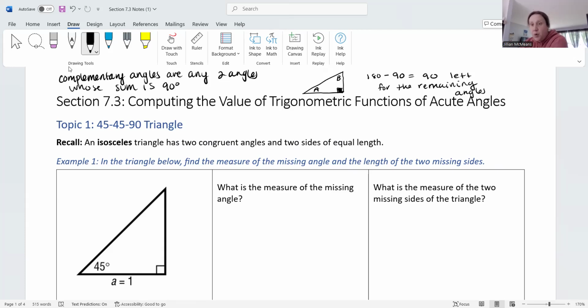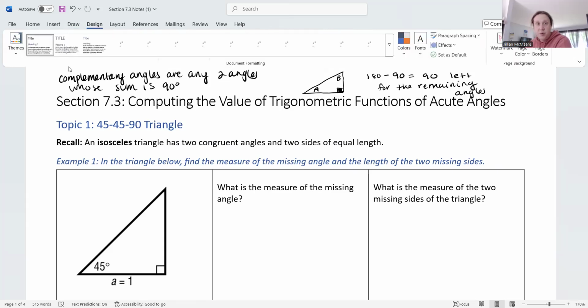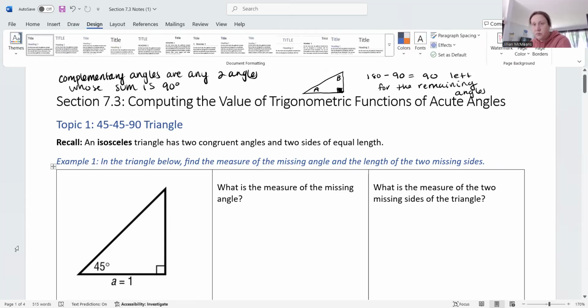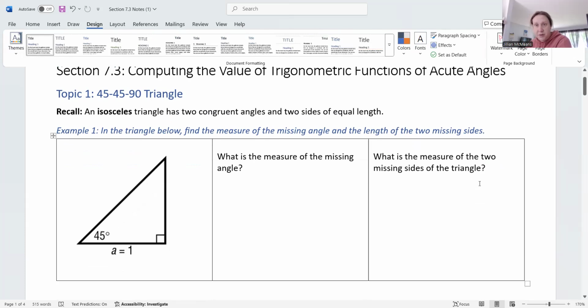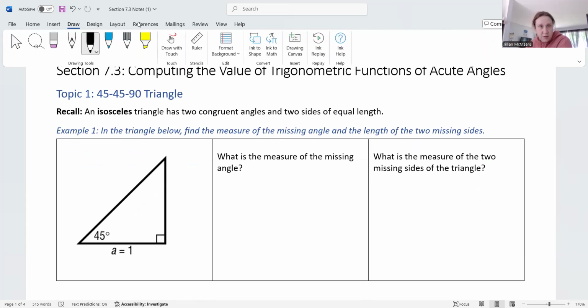Example one says, in the triangle below, find the measure of the missing angle and the length of the two missing sides. So we're getting ready to build a 45, 45, 90 triangle. We have the triangle drawn for us, and it asks, what is the missing angle?